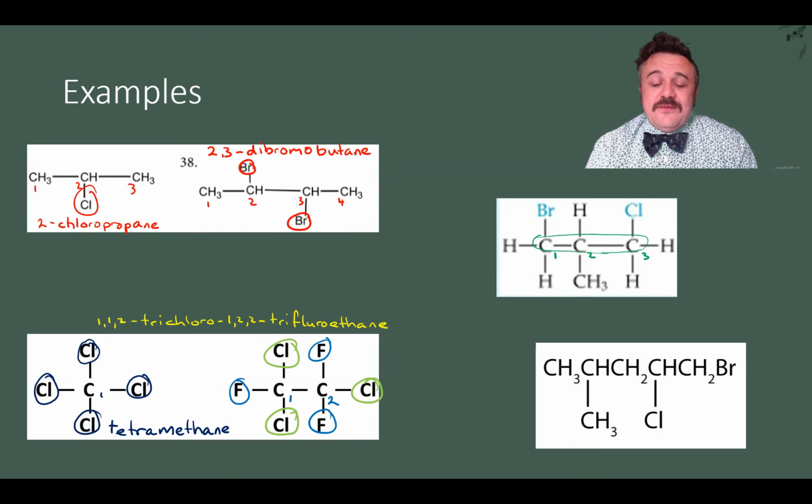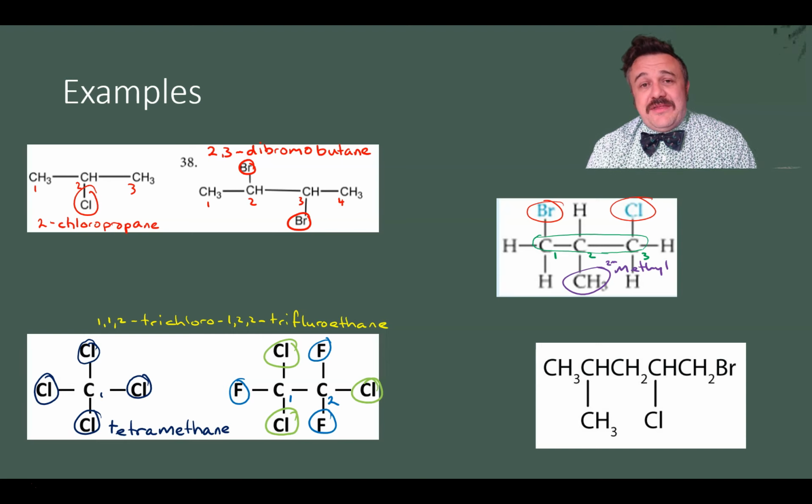All right. This one here is a propane. It's got a bromo and a chloro, and it's got a methyl. So we would number this according to the halogens, the alkyl comes secondary.